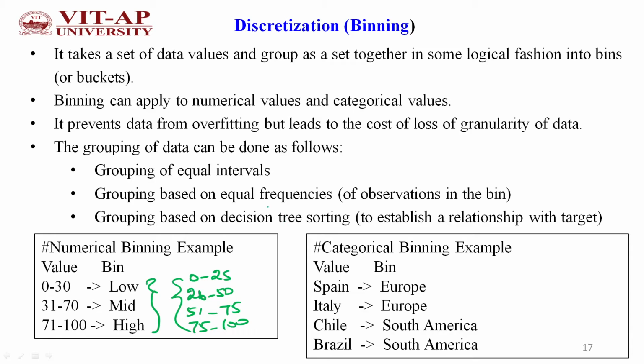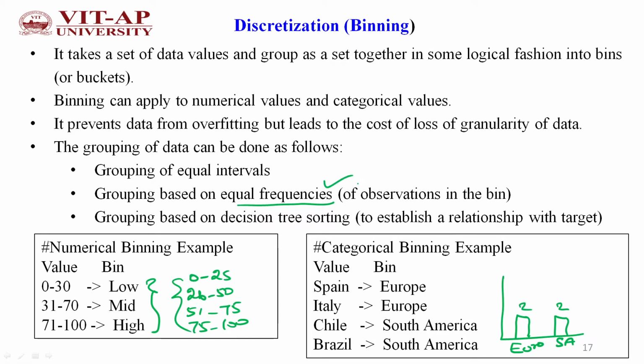Then the next one is equal frequencies. Equal frequencies means the number of observations in each bin is the same. When you draw it, you look at this, each bin has two data points. This bin also has two data points, Europe and South America, so both have two.